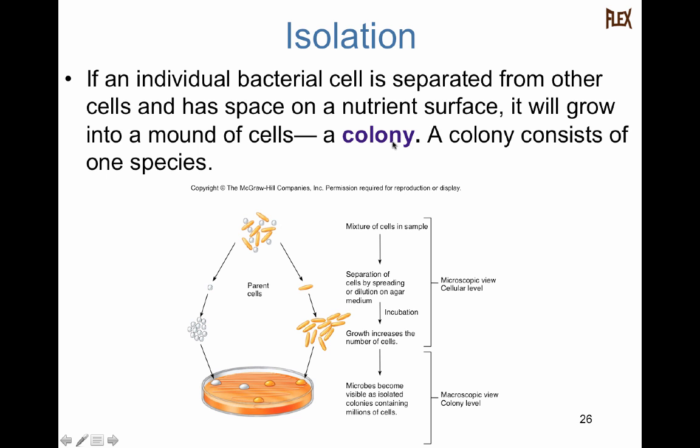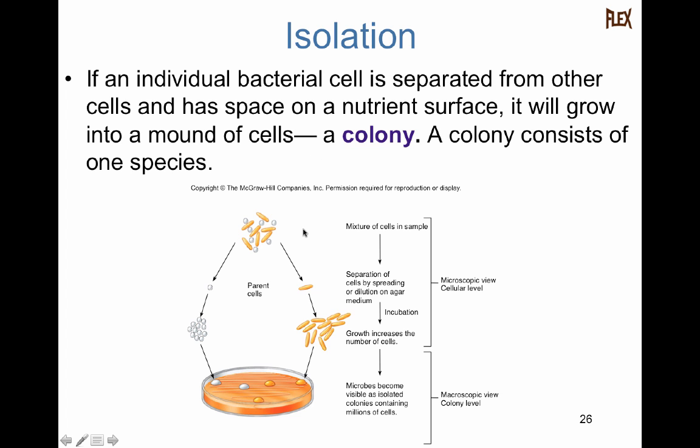You will see a colony which is representative of, number one, one species, number two, cells that have been derived from one single cell. And because of that, number three, they are all genotypically identical. So again, all of the cells in a bacterial colony are of the same species, they have all been derived from one single cell, and they are all genotypically identical.